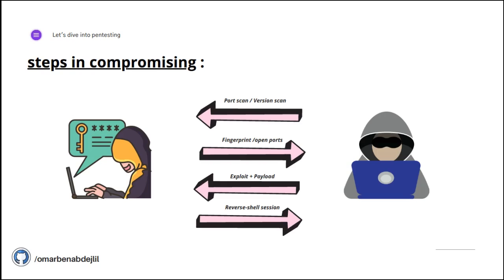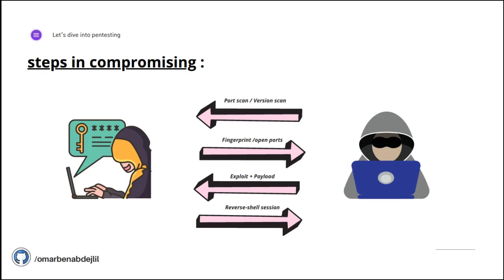So here we can see some steps in compromising. First, the hacker is going to make a port scan to detect the version of the port and the protocol used by the victim.